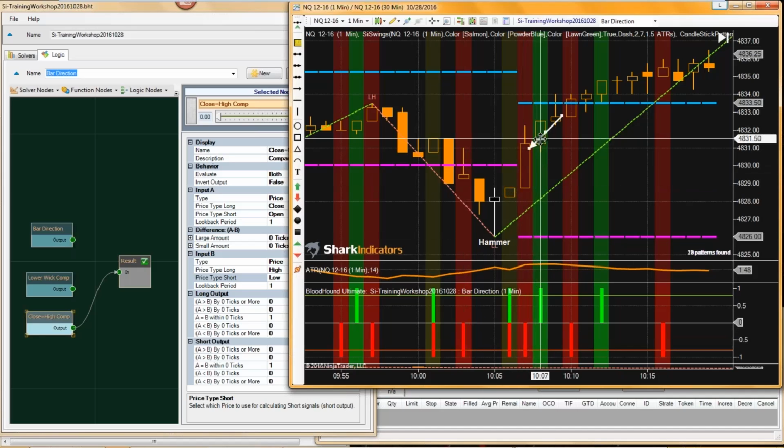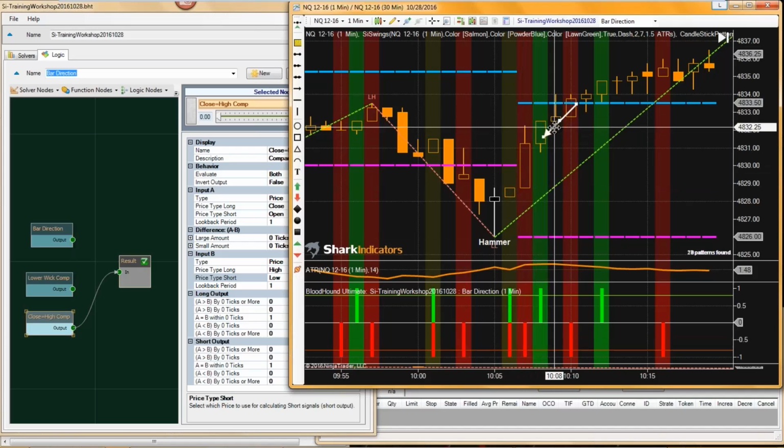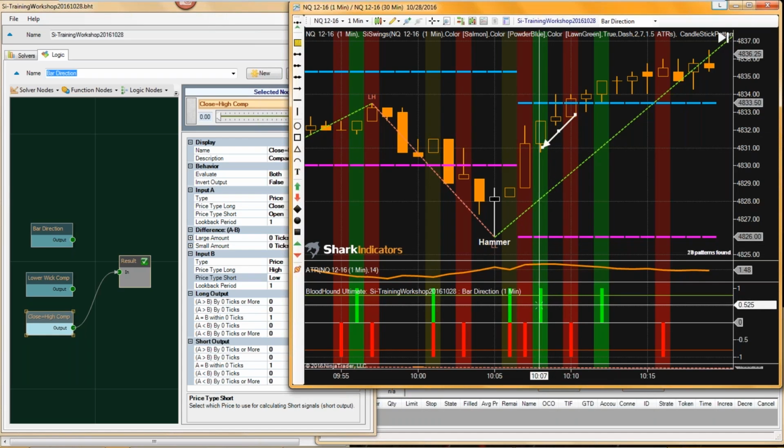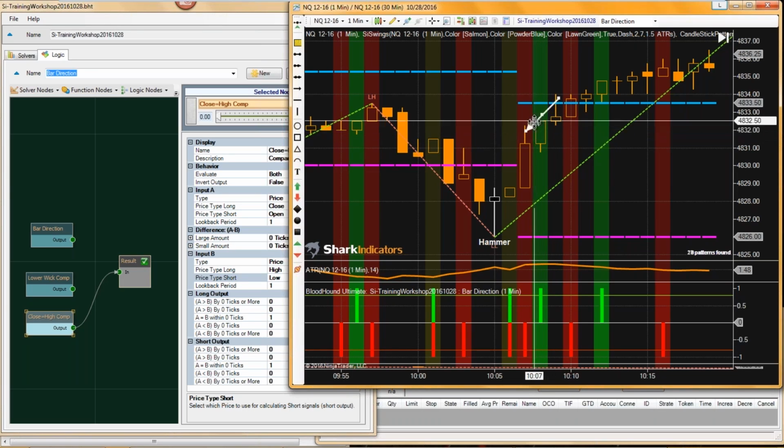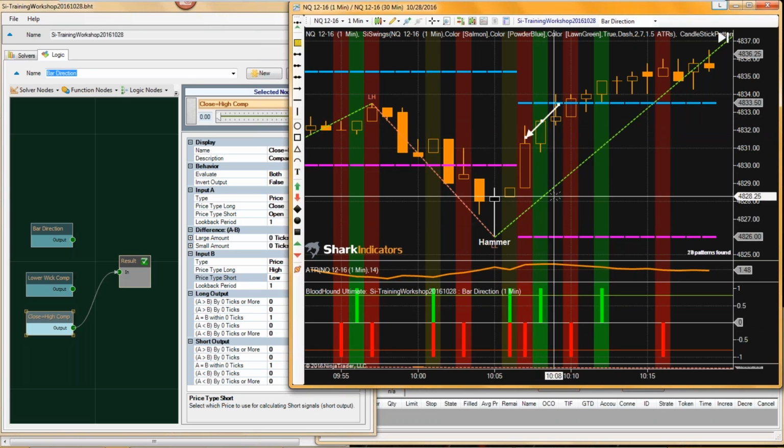And let's see, on this bar we had a low wick, and we got a long output for a low wick. In the bar previous to that, we had a high wick, so we got a short output.